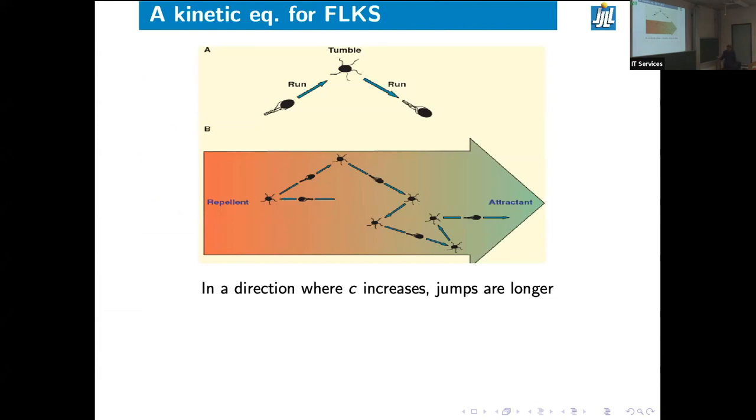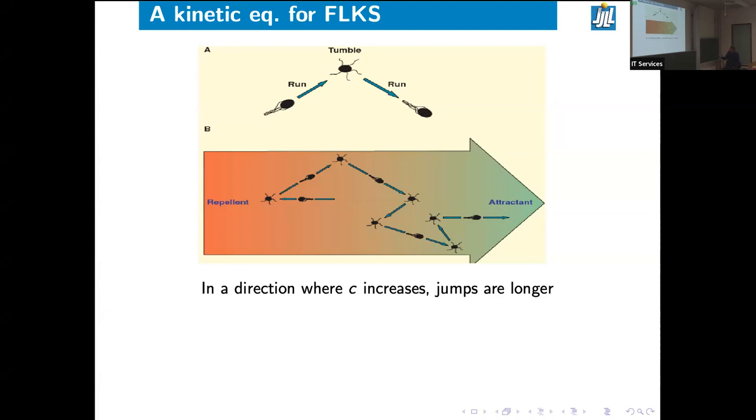But when they feel that the concentration C is increasing, they will have longer paths. If they go in the bad direction, where the chemoattractant diminishes, they don't like it and they turn very quickly.